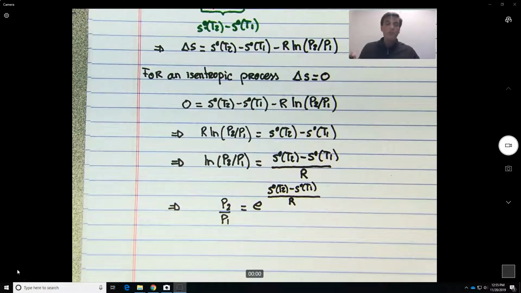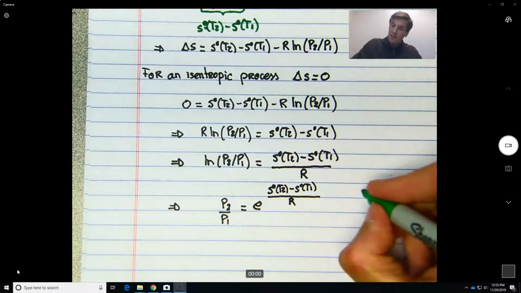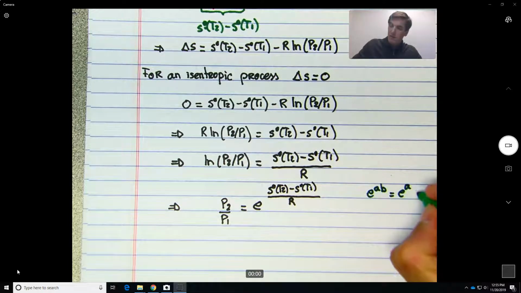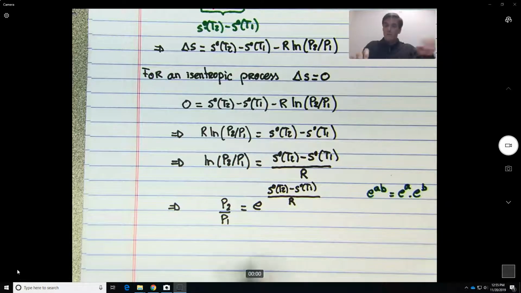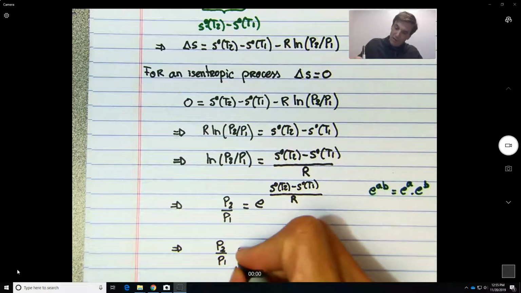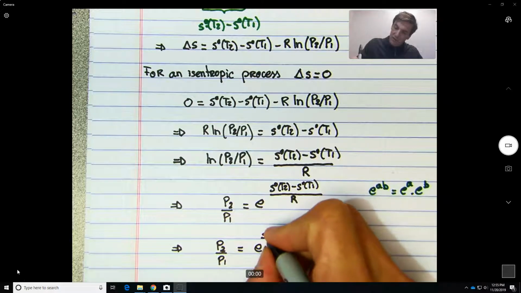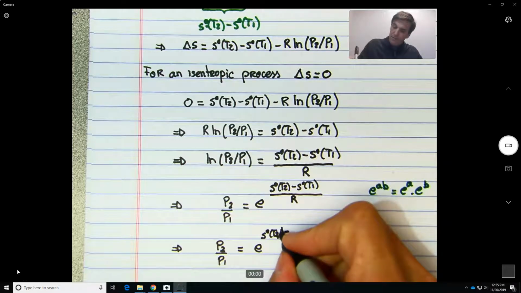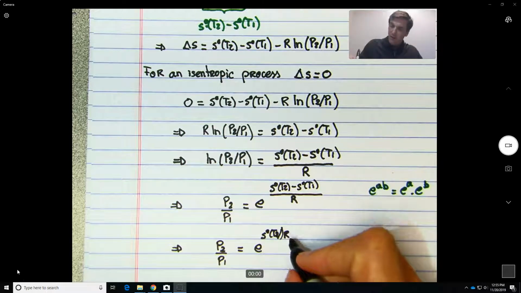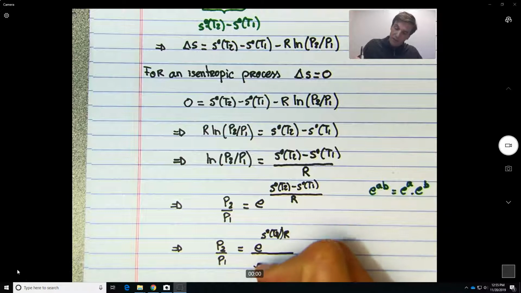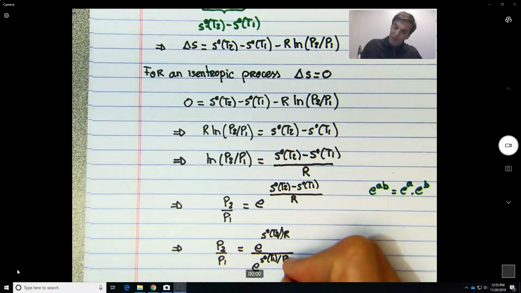Okay? Or using now the property that e to the A minus B equals e to the A divided by e to the B, we can write this as P2 equal to P1 times the exponential of S sub O T2 over R, divided by the exponential of S sub O T1 over R. I should have put the divide sign after the parentheses, like I did over here.